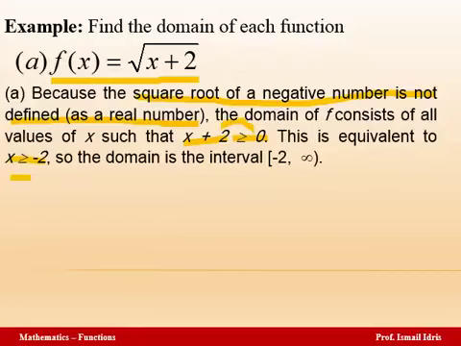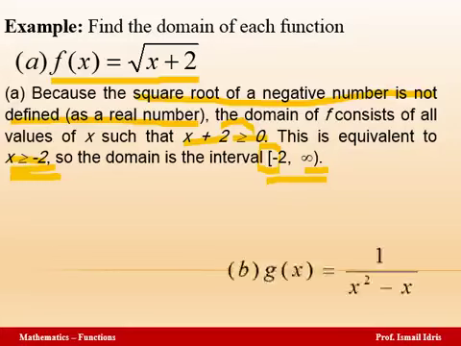So these are the possible values for x, whenever x is greater than or equal to minus 2. So that is the domain. Remember, the domain is the possible values for x. So it will be this interval from minus 2 to infinity. Note that this square bracket means that the interval is closed, while the round bracket here means the interval is open from that side.